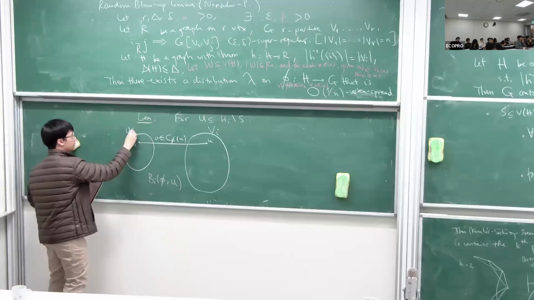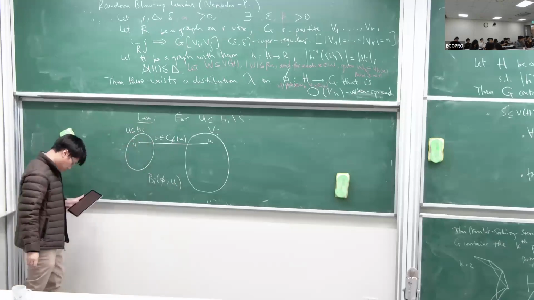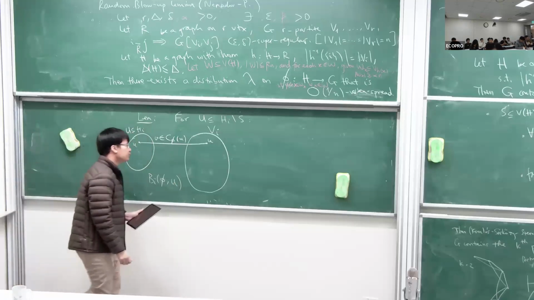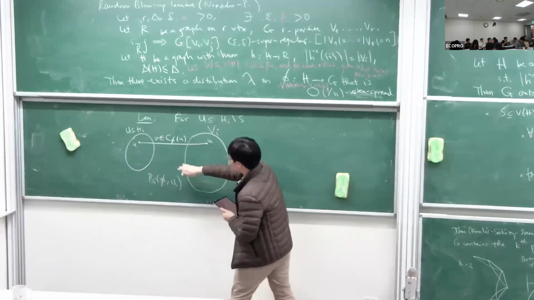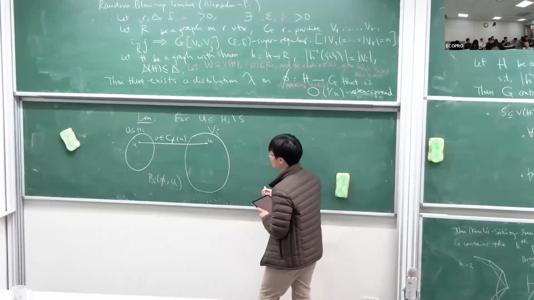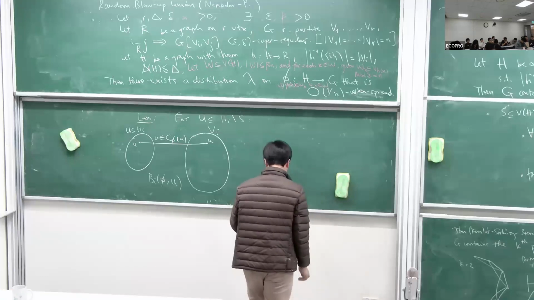So U here sits in H_i. The condition is that in most cases, this bipartite graph that we construct will be quasi-random, will be epsilon-regular for some epsilon.